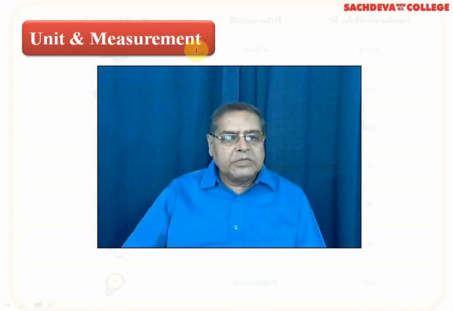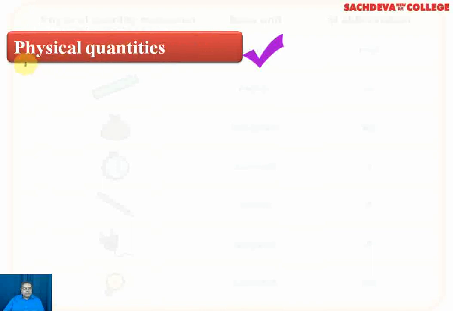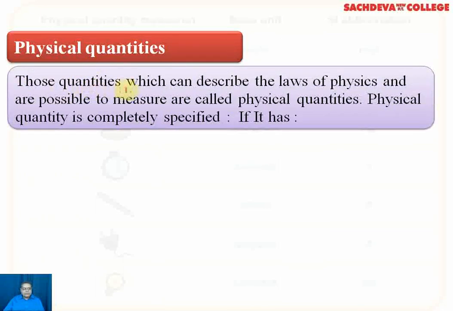So basically, units and measurements are concerned with mass, length, and time. When we speak of physical quantities, we are referring to velocity, acceleration, mass, temperature, density, etc. Those quantities which can describe the laws of physics and are possible to measure are called physical quantities.